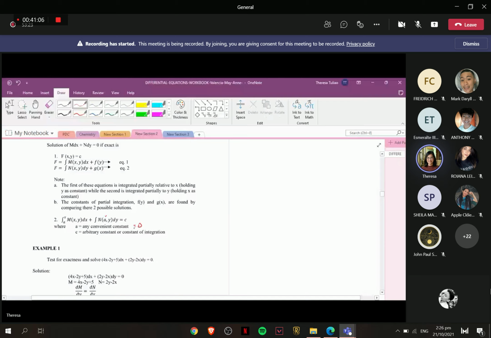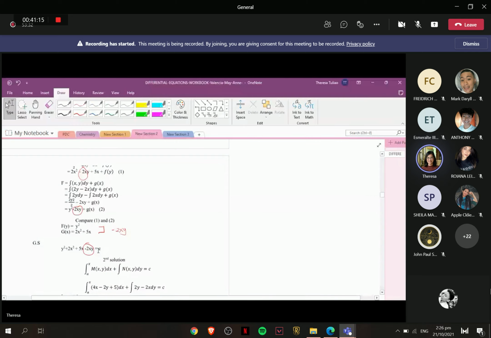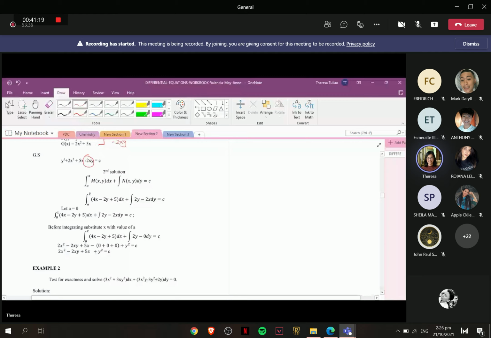Okay. So, we have the integral from a to x of 4x minus 2y plus 5 dx plus 2y minus 2x dy. Okay? So, letting a as 0, convenient constant. So, nag-0 siya dito. So, dito walang pinalitan sa M. Okay?